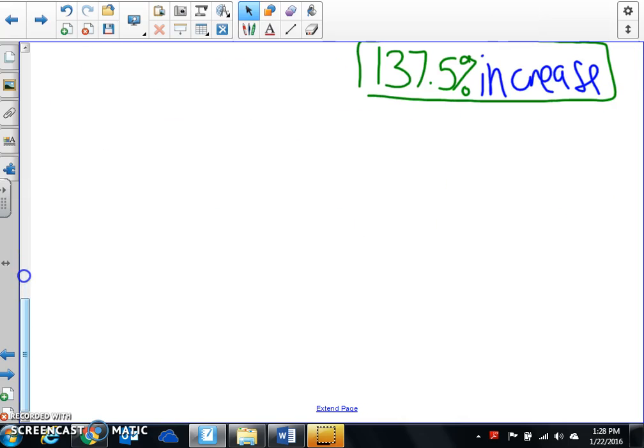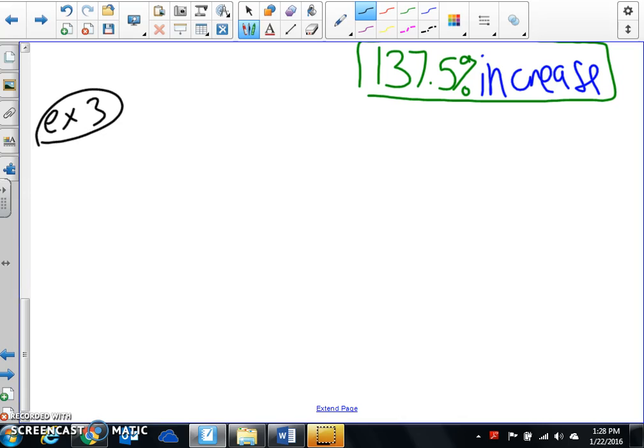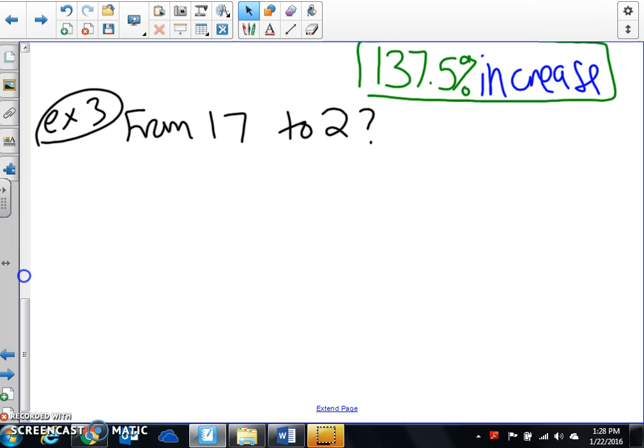All right, one more like this and we'll get to the word problems. Example 3. From 17 to 2. Actually, before I even put difference, let's move that down here for a second.